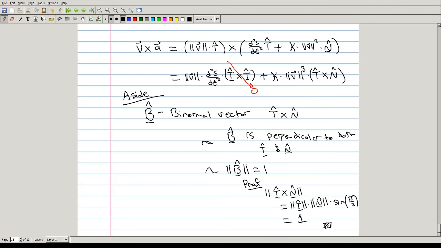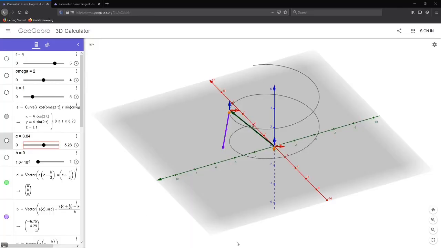This is sometimes called the Frenet frame for reasons we'll get into later. But it's a 3D frame of 3 vectors that for any curve can be defined and follow along the curve tangentially, normally, and binormally. So let's see what this looks like for a second. You see here plotted out the tangent vector, the normal vector, and I've now included this binormal vector b.